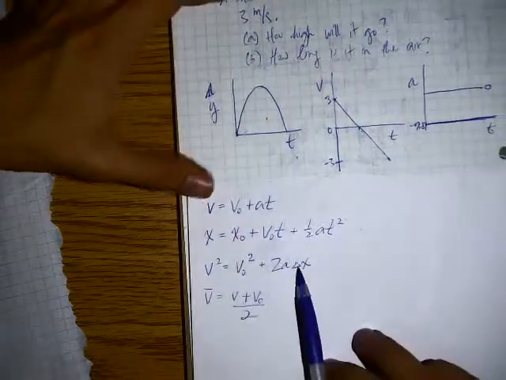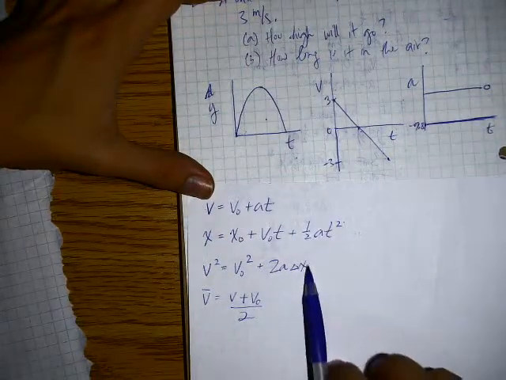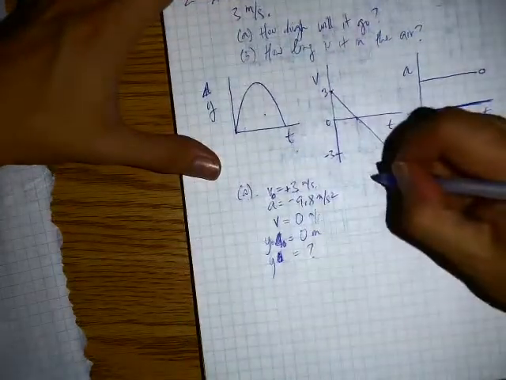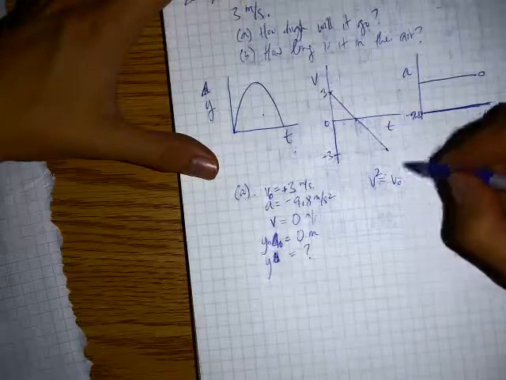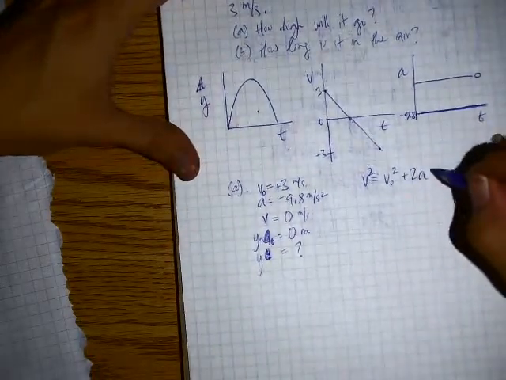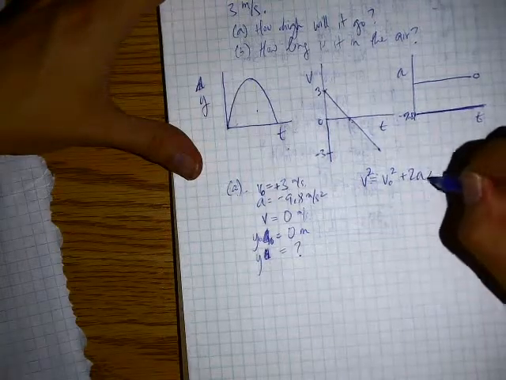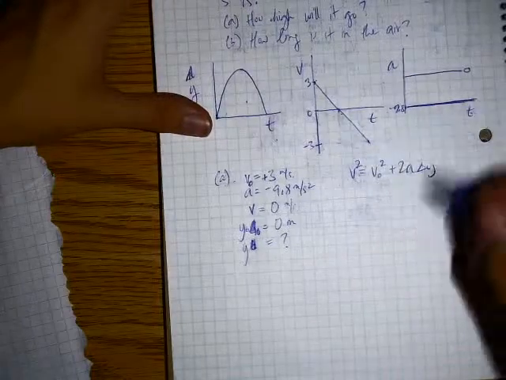And so our third equation here, we know the velocities, we know the acceleration, and we're trying to find that change in distance. So our final velocity squared is equal to our initial velocity squared plus 2 acceleration delta y, or y minus y naught. And so we can substitute our numbers in.